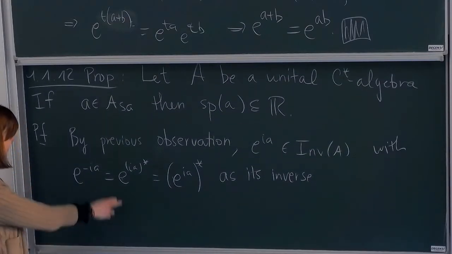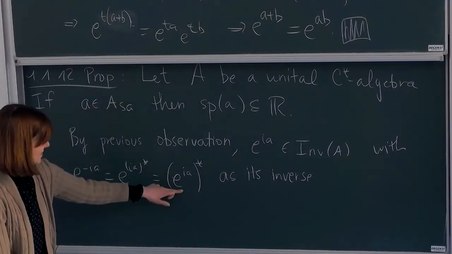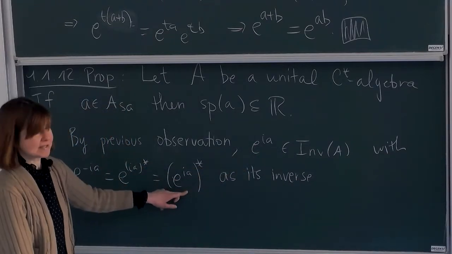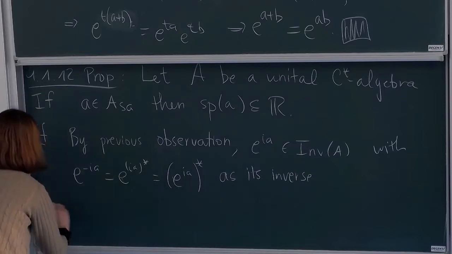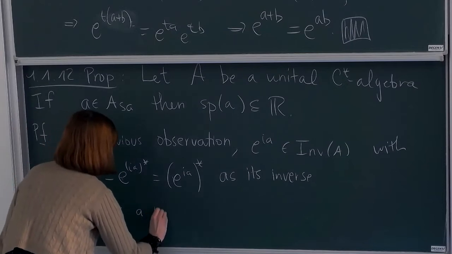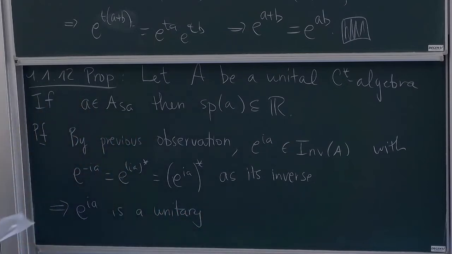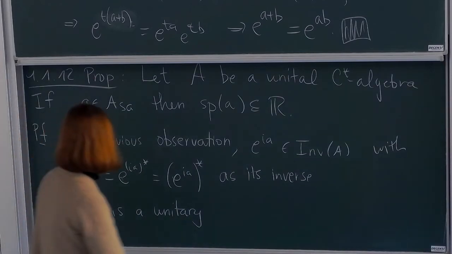So what does this mean? Well, the inverse of this element is given by the star of the element. So that means this guy is a unitary. And so we know its spectrum is going to be in the circle.